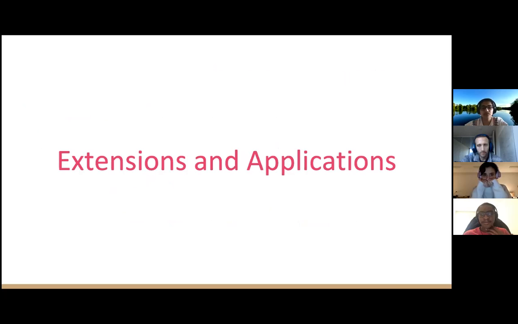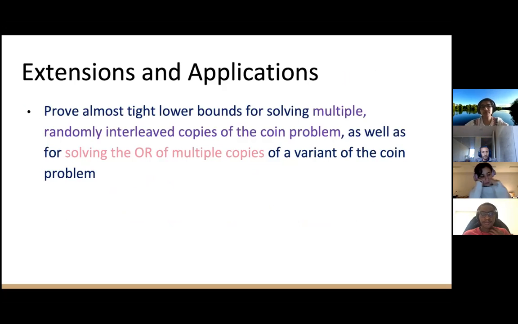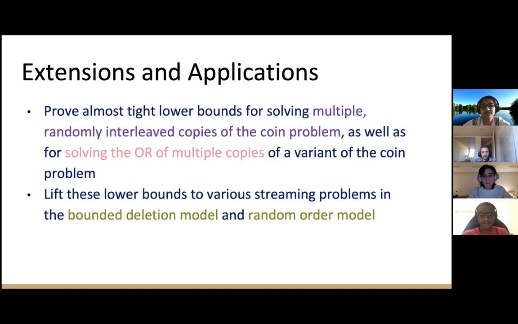Next, our main technical result is the lower bound for the coin problem, and then we extend these results to various other problems which have applications to data streams. So we prove almost tight lower bounds for solving multiple randomly interleaved copies of the coin problem, as well as for solving the OR of multiple copies of a variant of the coin problem. And then we lift these lower bounds to various streaming problems in the bounded deletion model and the random order model.